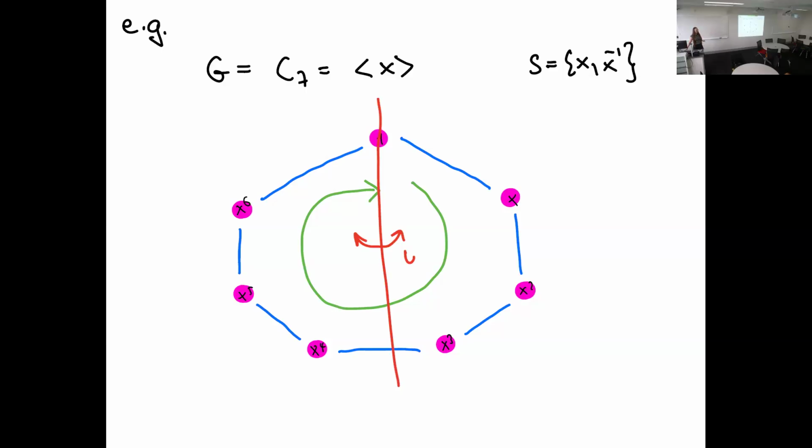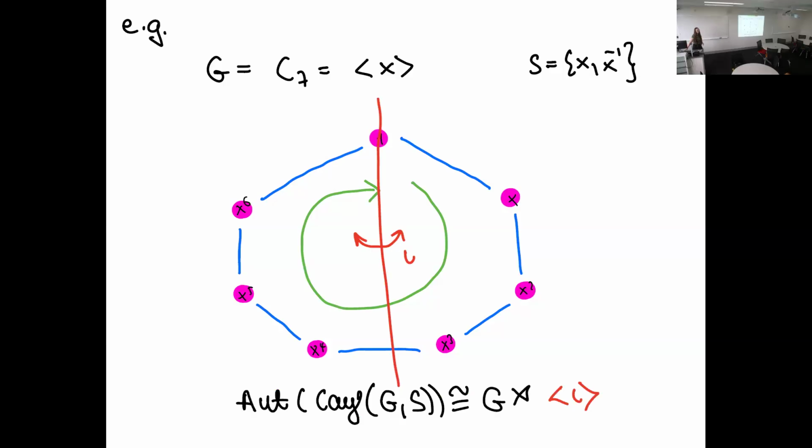And then we can put these reflections and rotations together however we want. So then the automorphism group of this Cayley graph will just be our group G, semi-direct product with this iota. So then this Cayley graph is not going to work for us because G is not the automorphism group here. It's just a subgroup of the automorphism group.